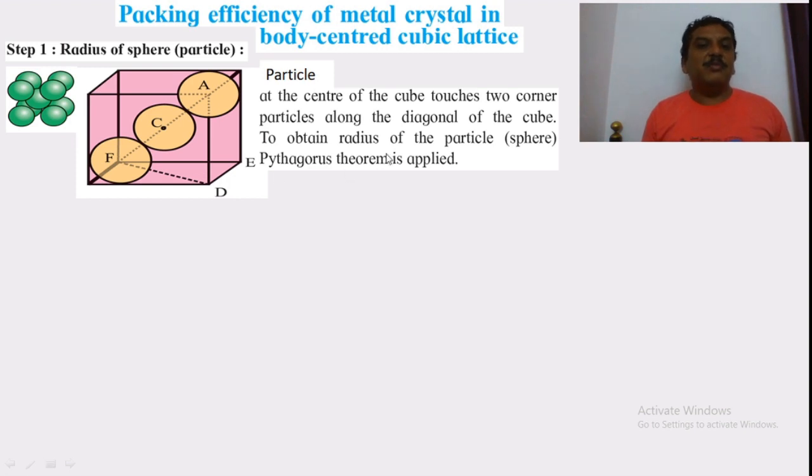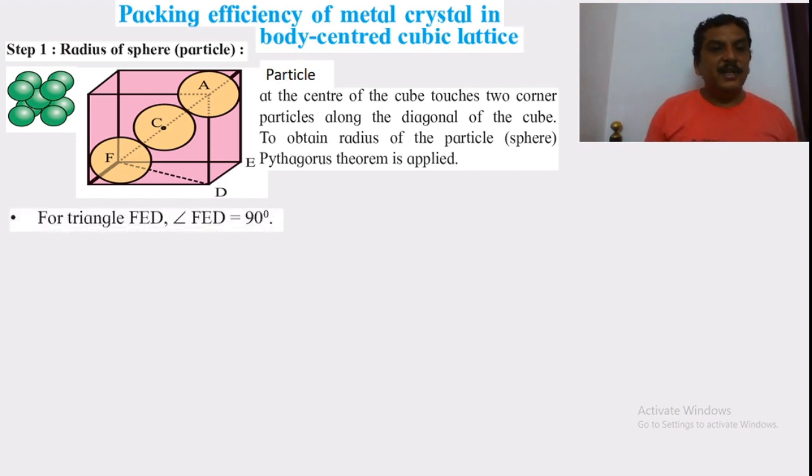To obtain the radius of the sphere, we have to use the Pythagoras theorem. We will have two triangles here, triangle FED and triangle AFD, and by using the Pythagoras theorem we will determine the value of AF and the relationship between R and A.